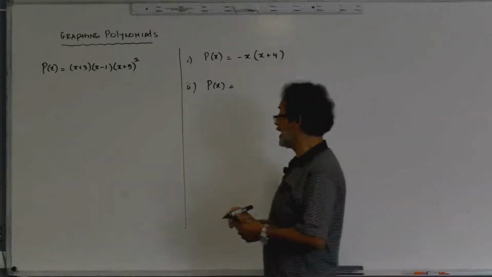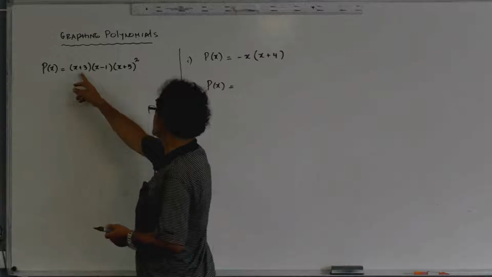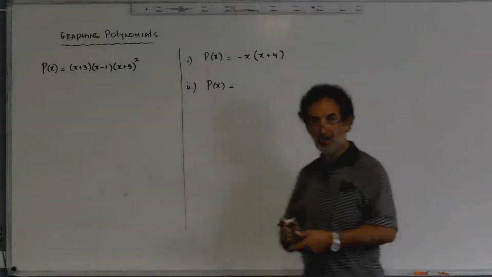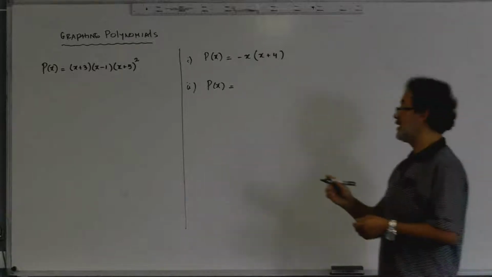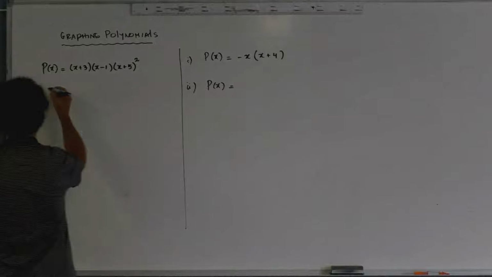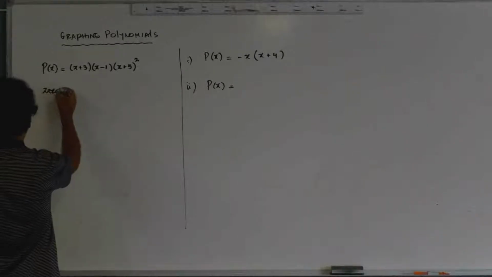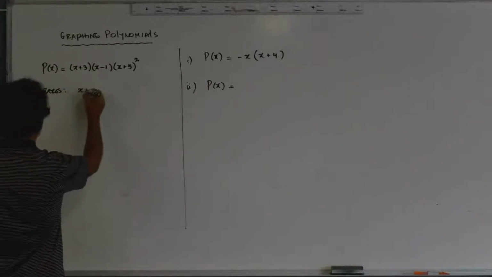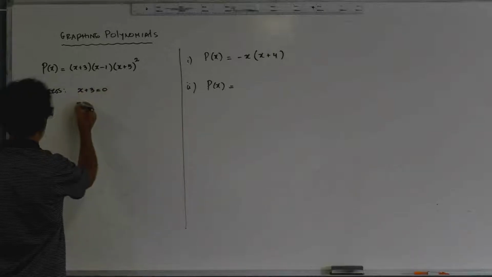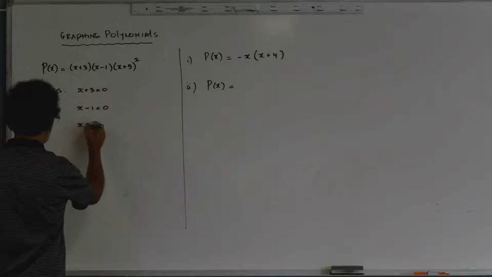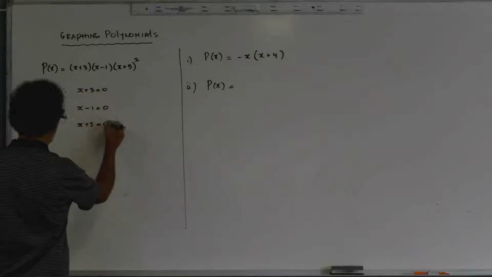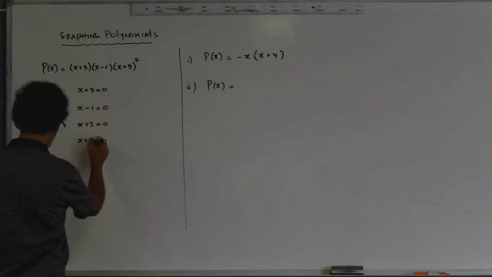No, it doesn't have to go through 0 all the time. It all depends on the roots. Well, let's see. Okay, so zeros. You say x plus 3 equals 0, x minus 1 equals 0, x plus 5 equals 0, and then we have another x plus 5 equals 0.